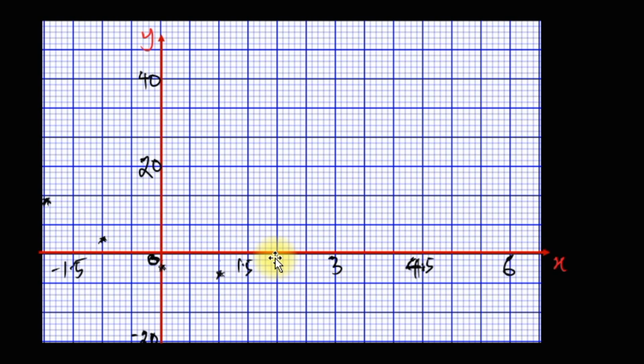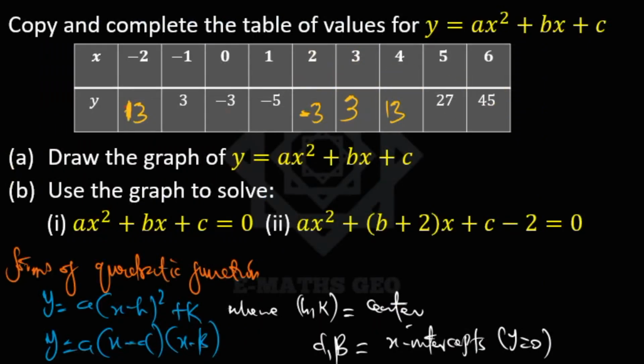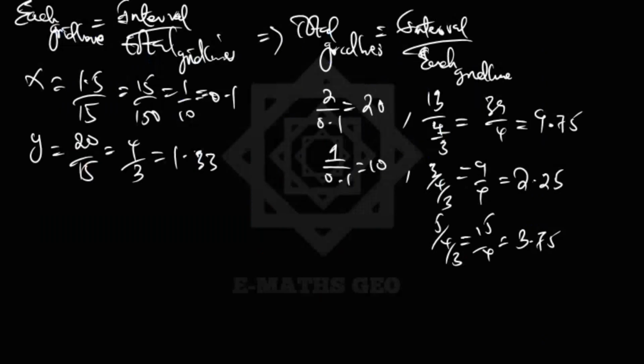And minus 3 means we'll move down the same units, 1, 2, 3, somewhere here.